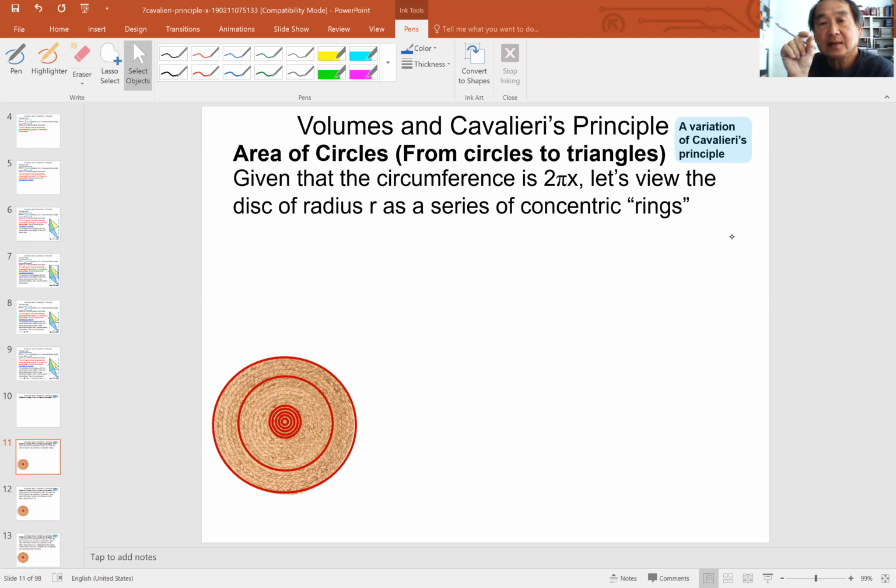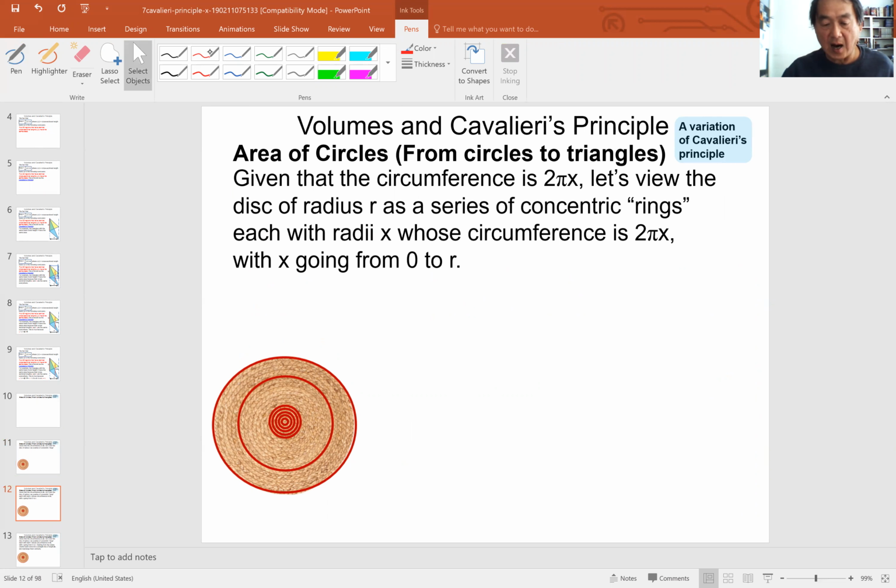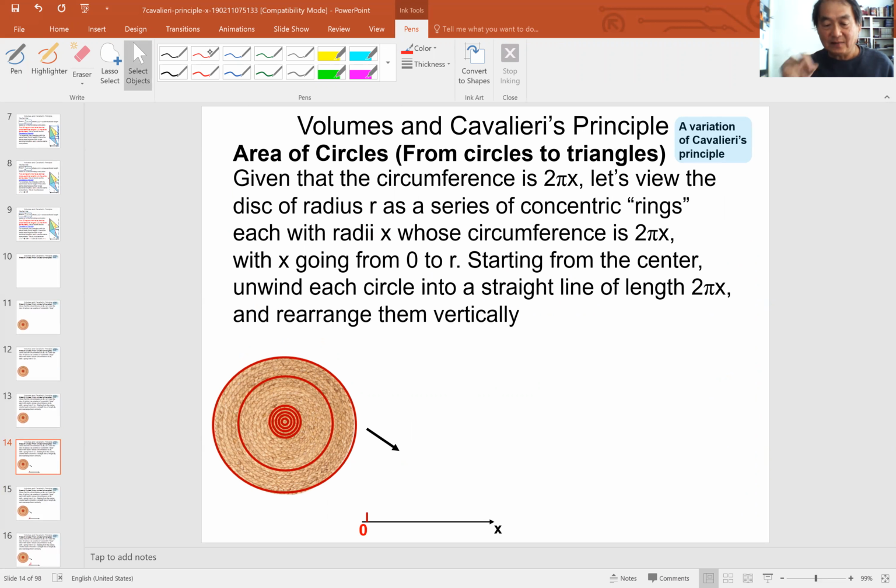Like we said, the lines that we extract don't have to be straight cross-sectional lengths. If I want to calculate the area of a circle, I can envision it like this. Suppose this is a circle of radius r, and from here to here is r.